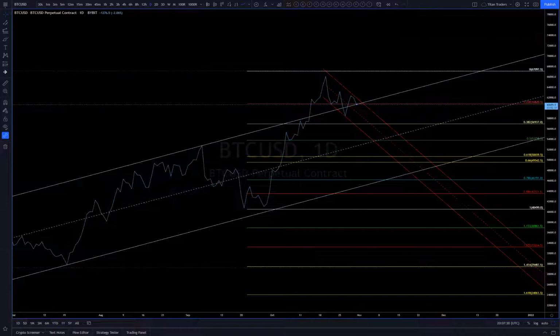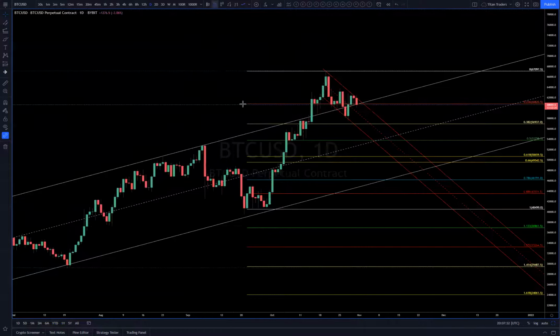Now, if I load up a normal fib, which is from this low over here, from the impulse low to the top, I'm not looking at this wick here, because here we started to range and then we moved up. Again, we can see we're sitting under the 0.236.